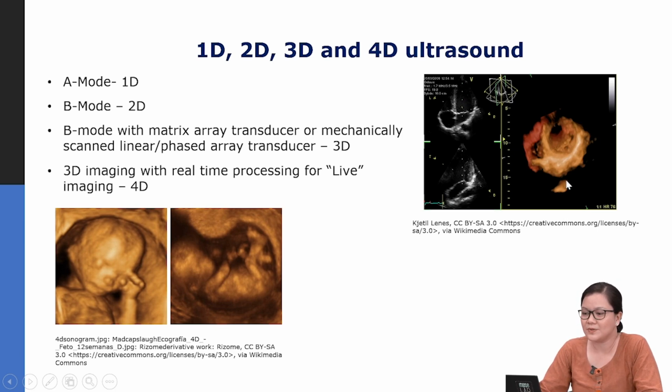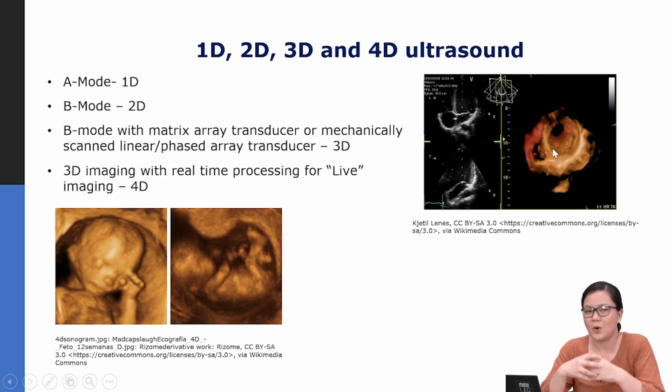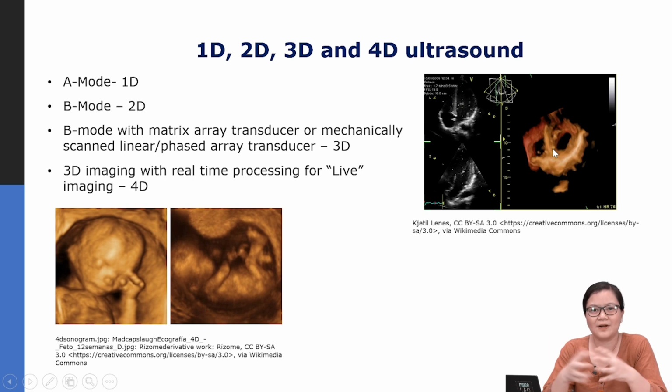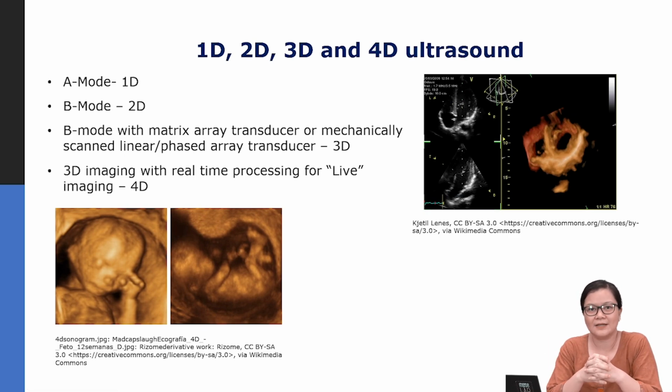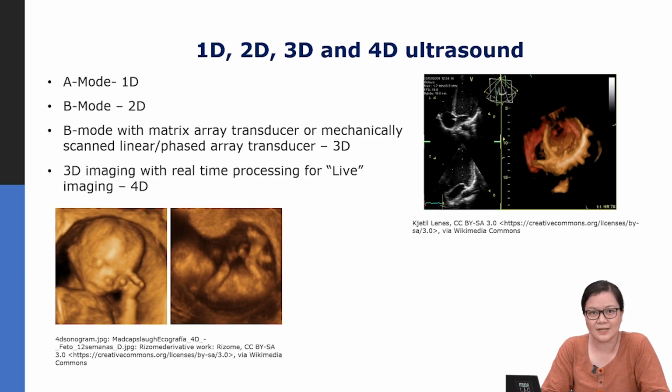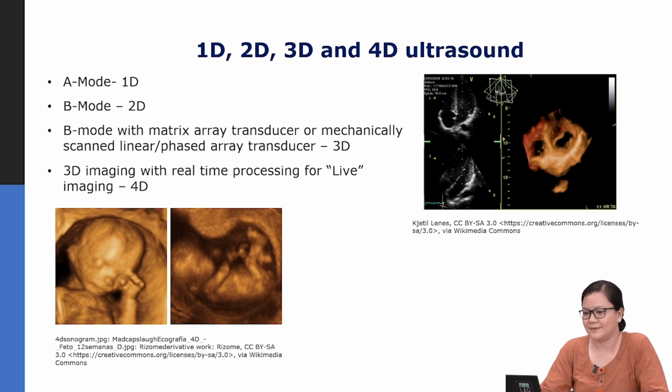Nice thing, you can also look at the 4D ultrasound image of the heart valves here. So what is moving in this structure are these heart valves that are opening and closing every time the heart is beating. So this type of image is nice because if there is anything wrong with the heart valves, then the sonographer will be able to see and diagnose that type of valve disease.